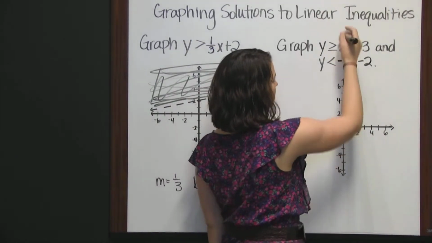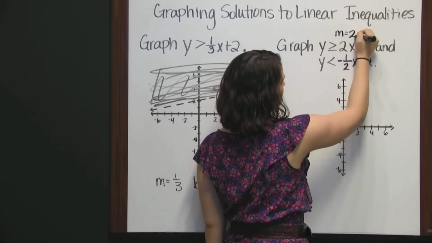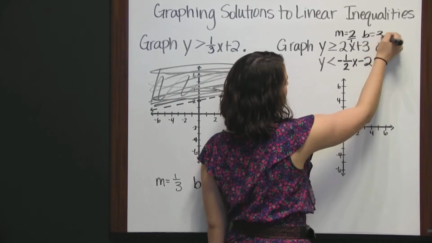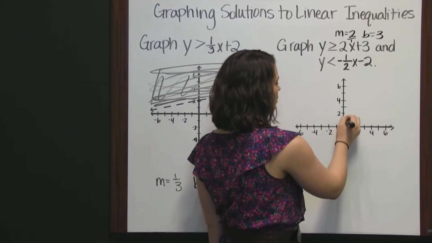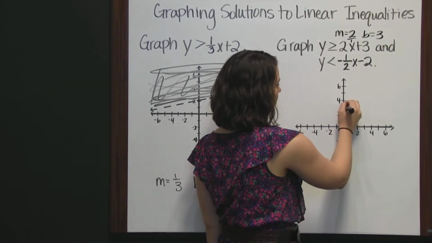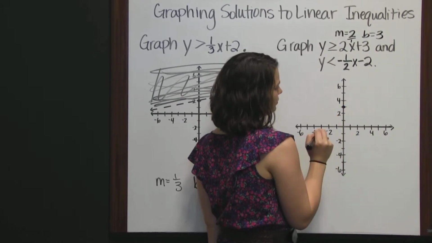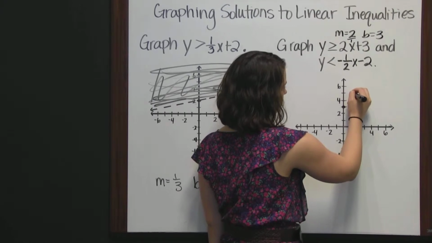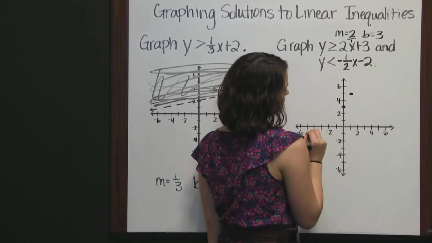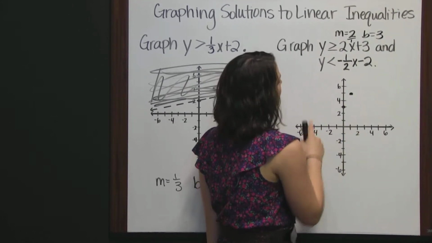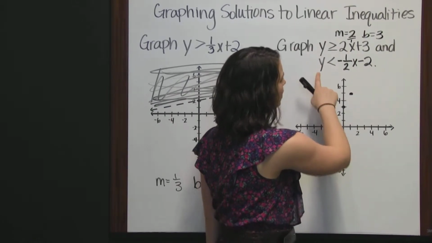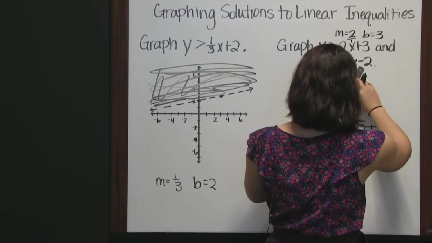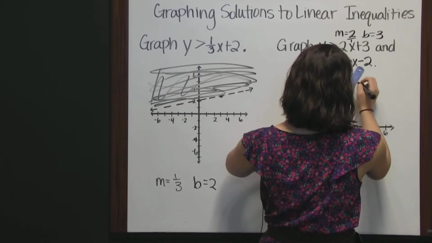So our slope here is 2, or 2 over 1, and our y-intercept is 3. So we start with 3, up 1, 2, 3. And then we use our slope, rise 2, run 1. Now we can draw our solid line through these points, because again it's a greater than or equal to.